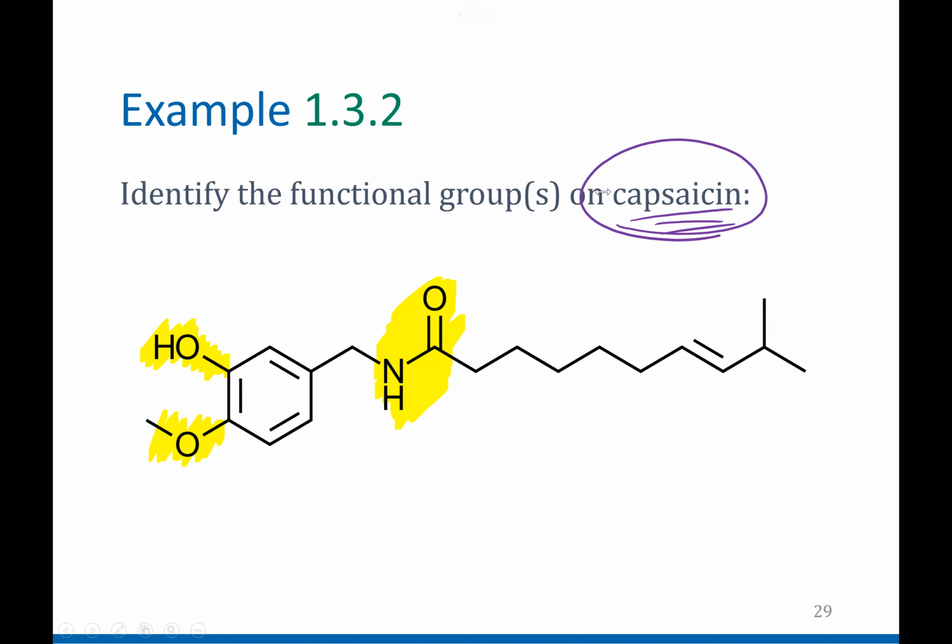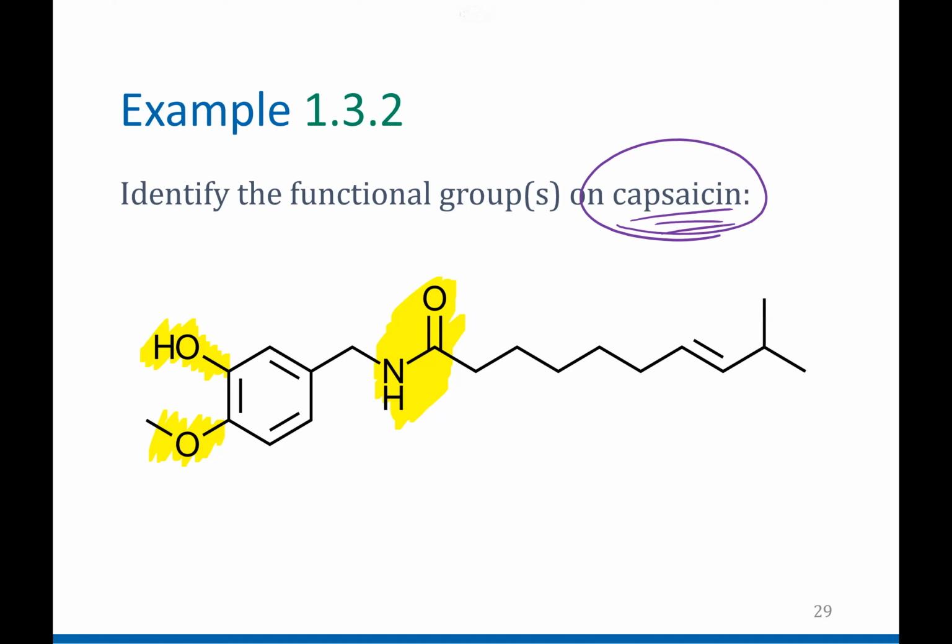Oh yeah, okay. So let's look. I don't want to single anybody out, but some of you are perfectly correct and some of you are partially correct. I love it that some people are saying alcohol and a couple people said amide. That's perfect.